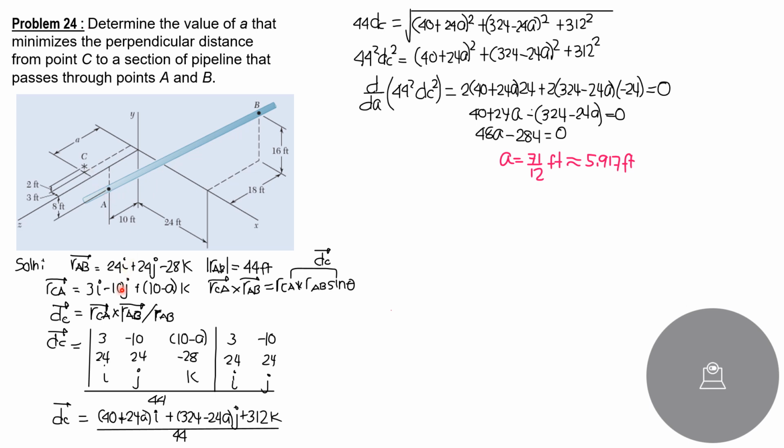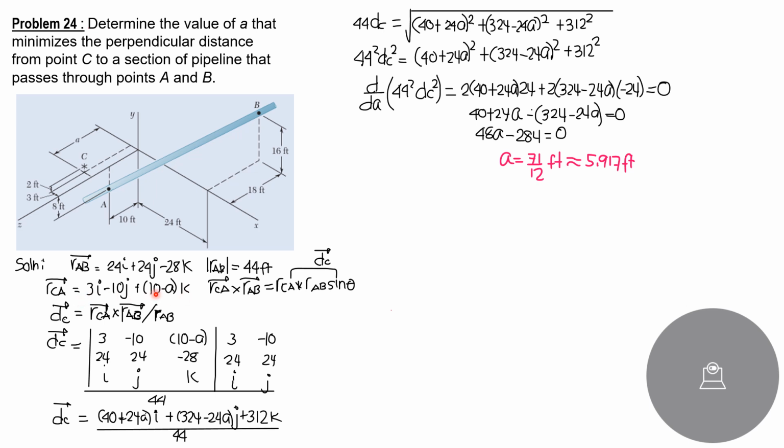So that's why negative 10j. Then the z coordinate of A is positive 10, assuming it is towards the positive z direction. So 10 minus a, quantity k. So that's the vector form of RCA.